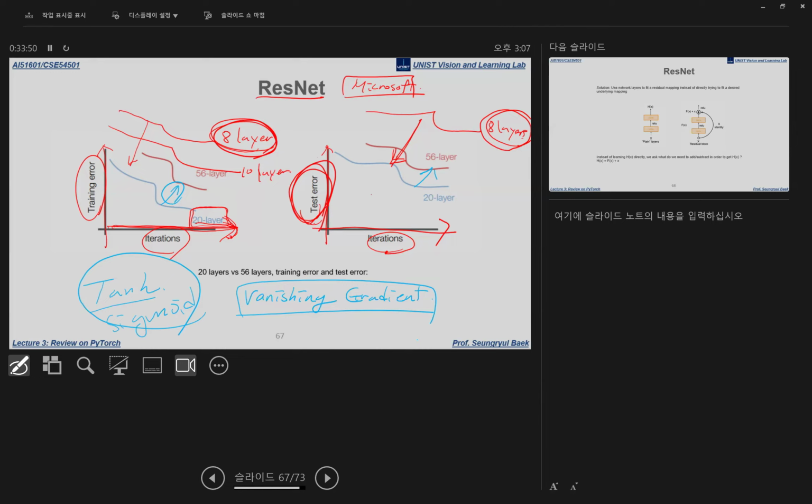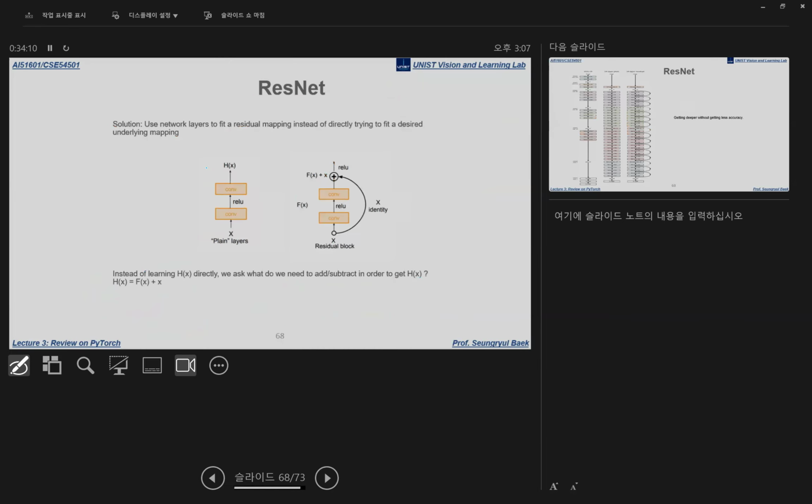But increasing the layers to more than 20 is also a critical reason for meeting this vanishing gradient phenomenon. And after meeting this, the model gradually reduces its accuracy.